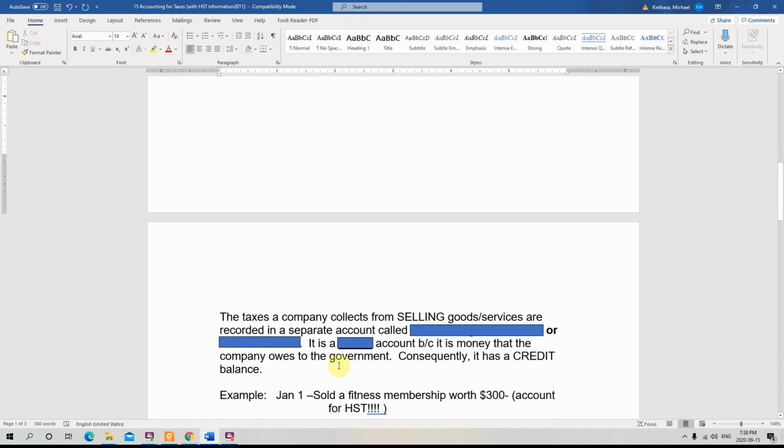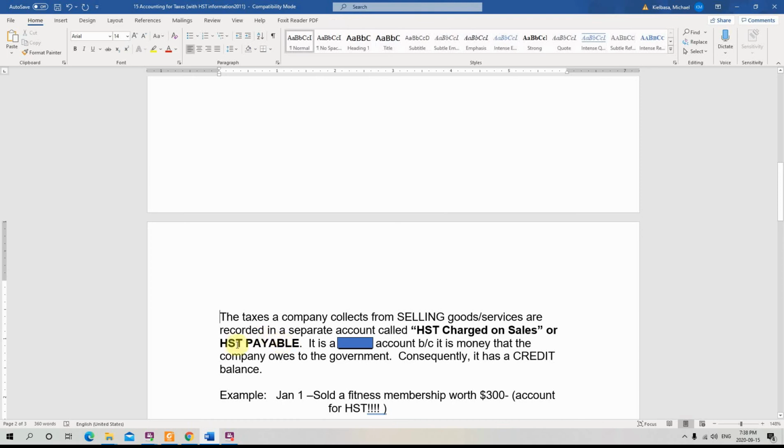The taxes a business collects from selling goods and services are recorded in an account called HST charged on sales, or HST payable.